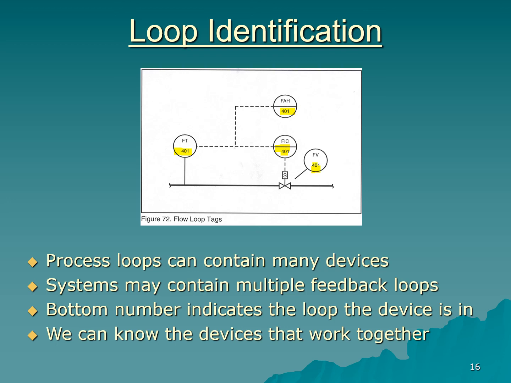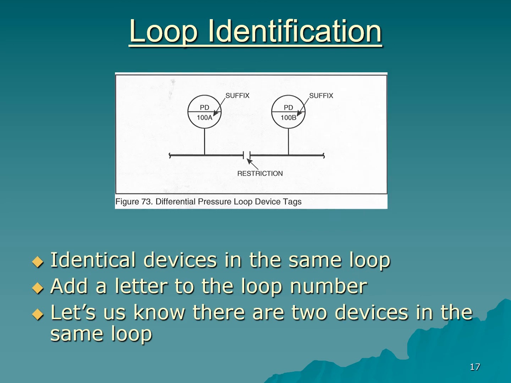We could have a loop 402, we could have loop 100. That'll be in different locations in different configurations. And here we have loop 100 and 100B. The same thing, two of the same devices on the same loop, but there is something different about them.